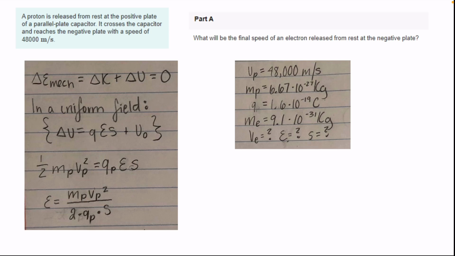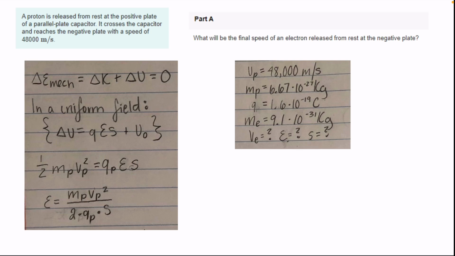So just looking at what we have, you can see that we have enough to solve for the electric field, which is going to be very helpful because the electric field in a parallel plate capacitor is completely unrelated to the charges inside of it. So that electric field is going to be useful in an equation if we're looking at an electron, just as it will with a proton. Same with S, that distance between the parallel plate capacitors, which is also going to be useful.